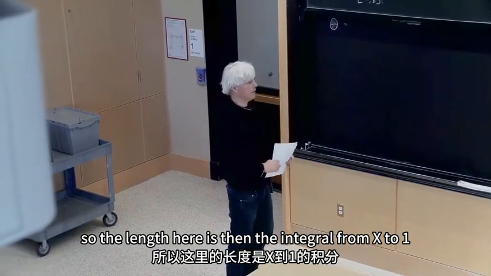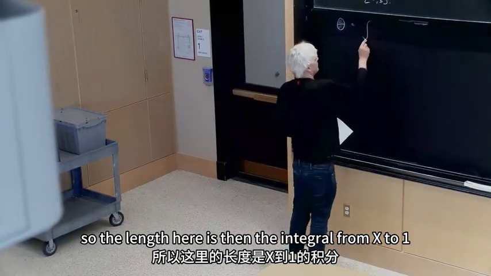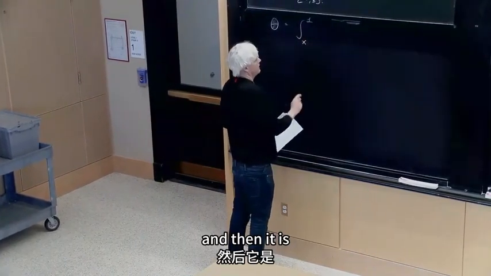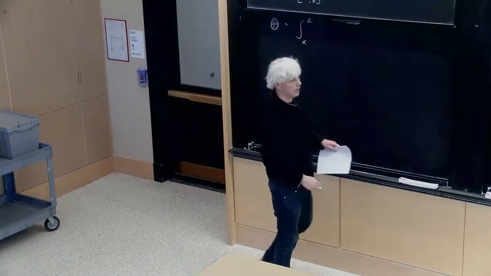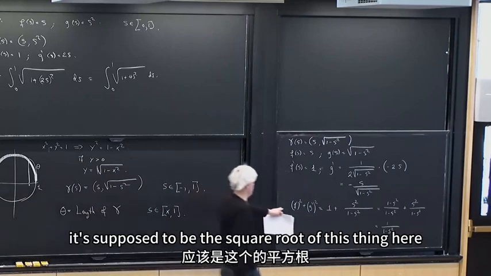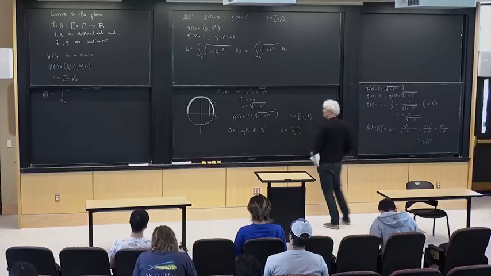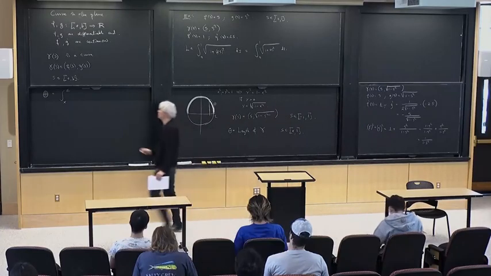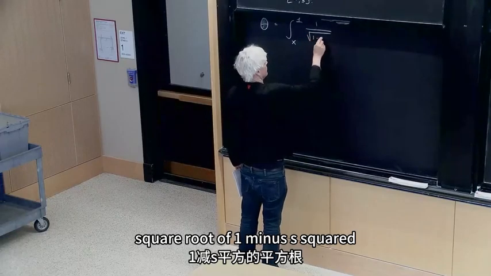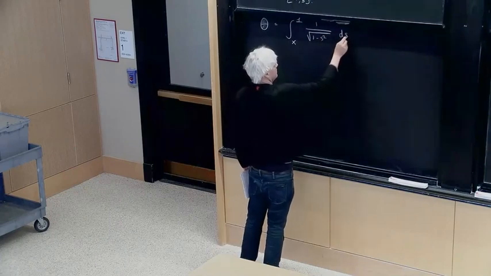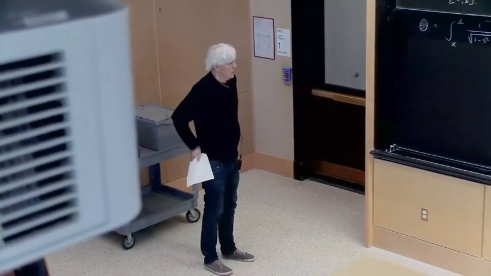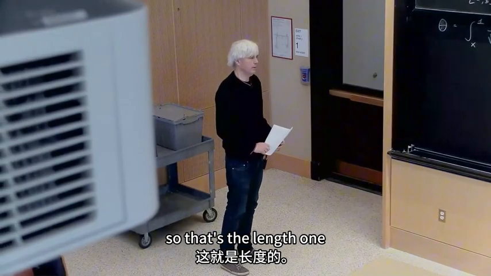So the length here is then the integral from x to 1 of the square root of this thing here. So it's the integral from x to 1 of the square root of 1 minus s squared ds, right? So that's the length.